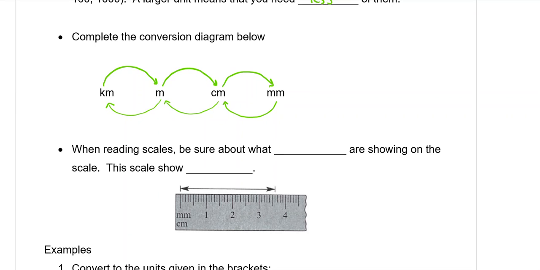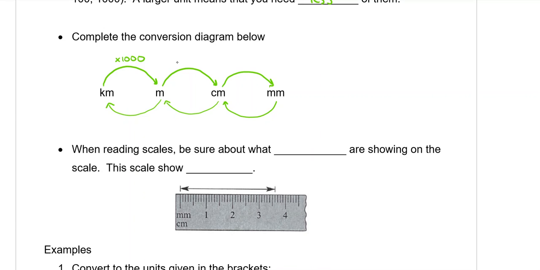Okay, so as we said in the last two dot points, if we have a big unit like kilometers and we're wanting to turn it into a smaller unit like meters, we're going to be multiplying. So there are 1,000 meters in a kilometer, so we're going to multiply by 1,000.